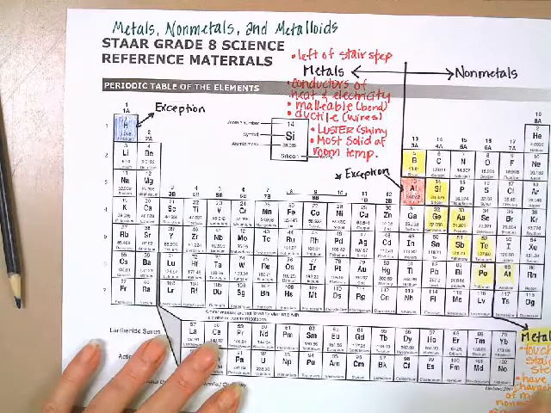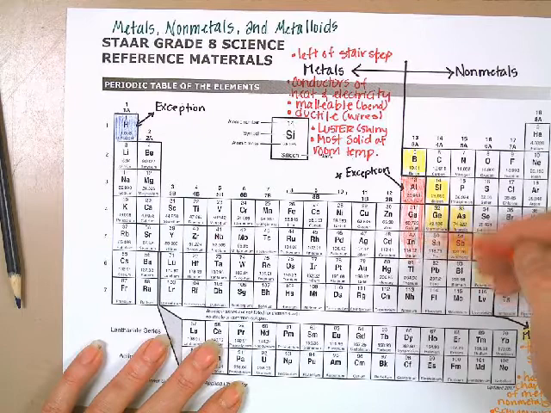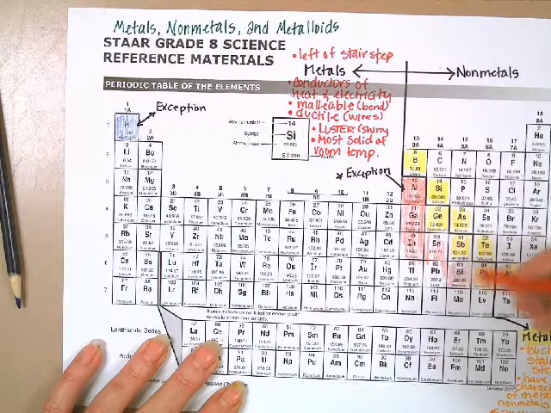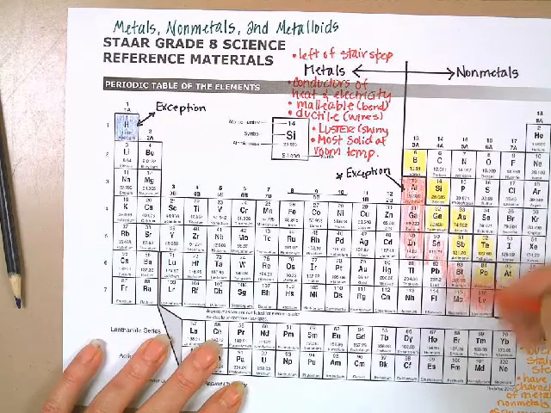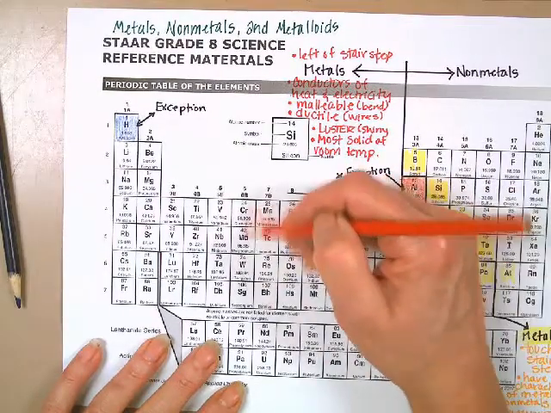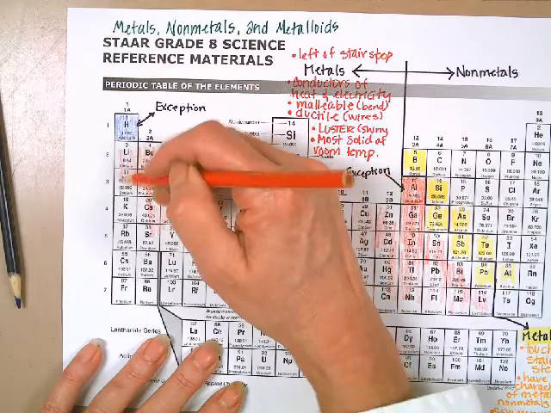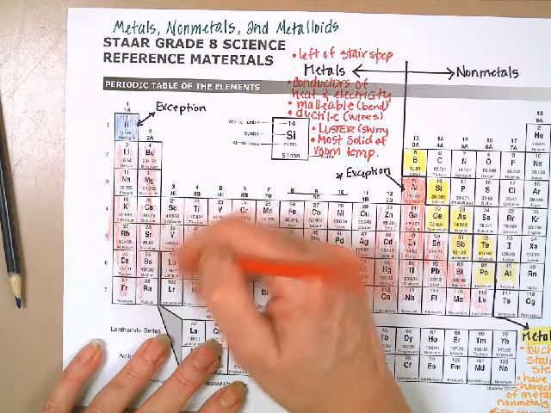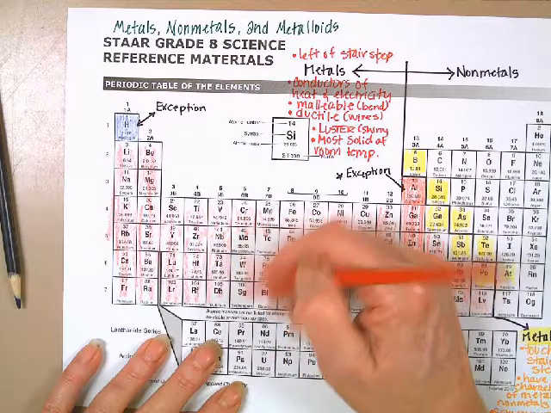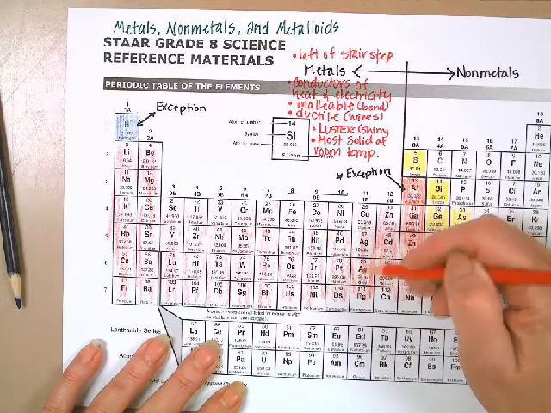All others now, just shade them in whatever color you choose, so you know, oh, okay, these are my metals. I'm doing this kind of fast so that you just get a good idea of where all of these are located. Remember, this stair step is the key.